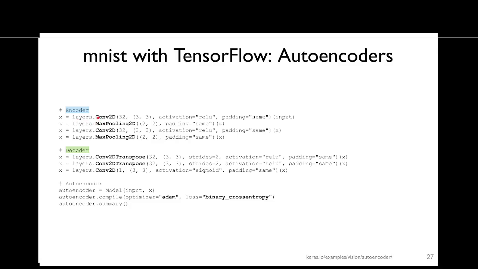So here, 32 kernels, pooling with 2 by 2, here with 2 by 2 again, and then the transpose with 32 kernels, and over here a convolution of 3 by 3. Adam is being used and cross-entropy as loss. So this is not a super complex network. We're still at 20-30 lines of code for this autoencoder.